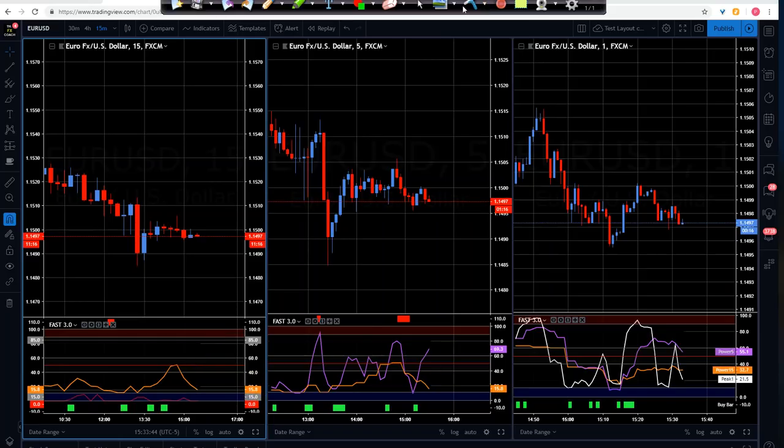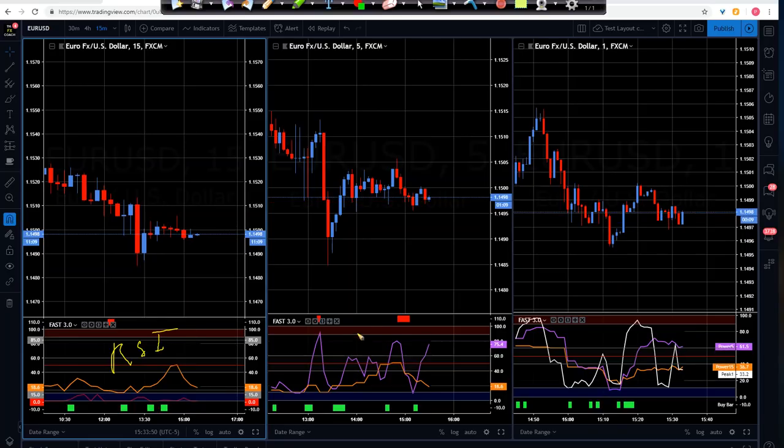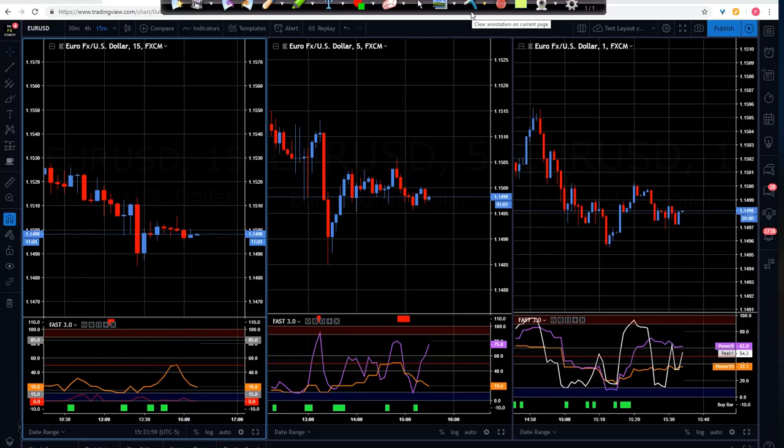All right? So it's not like RSI, where if you put RSI on here and see a plot, it's not going to be the same on your 5-minute chart. So FAST incorporates true multiple time frame analysis. We're manipulating the data feeds. We're not worrying about the charts. We're going right into the data feeds and manipulating them.